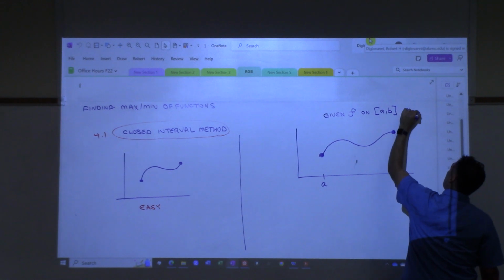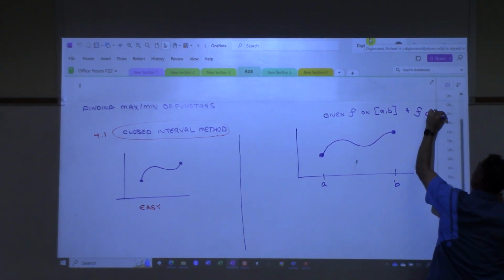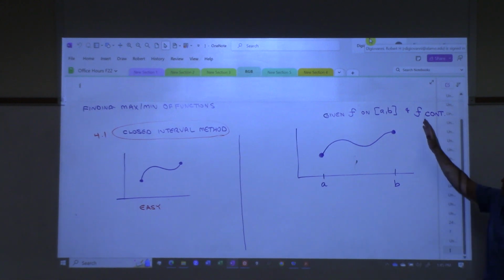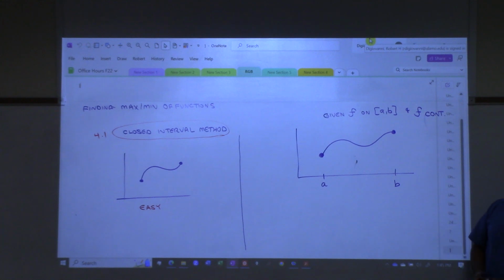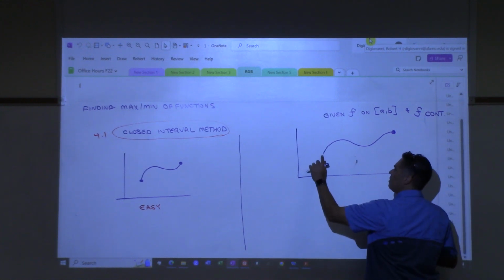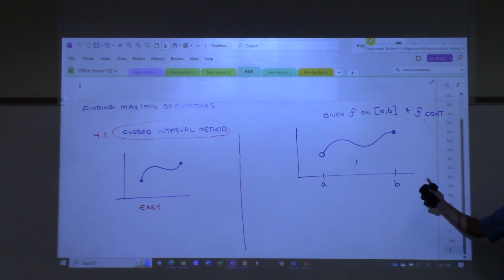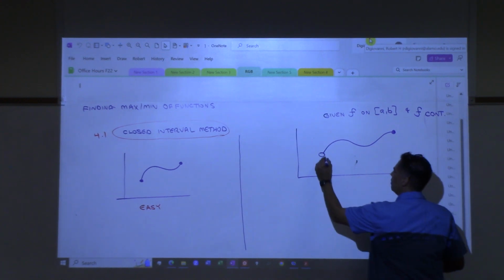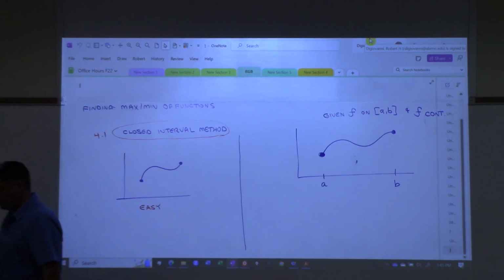And f is continuous. I'm just going to put that, all right? So we're given some function, it's on a closed interval, and it's continuous. By the way, if I made this endpoint open, we can't use this method, all right? I have to have a closed interval. The function must be defined at both endpoints.